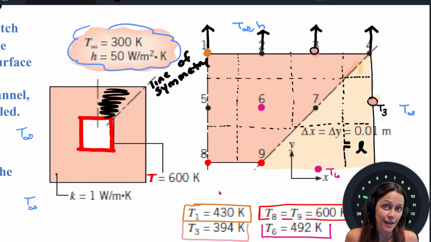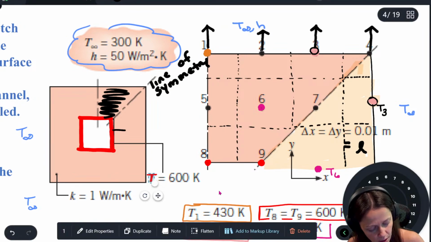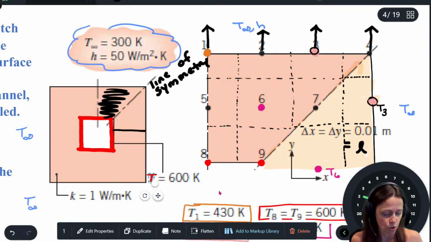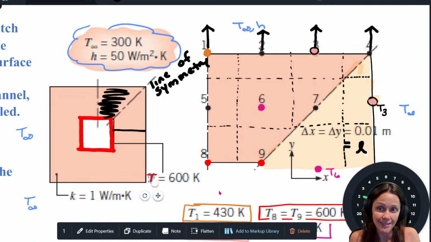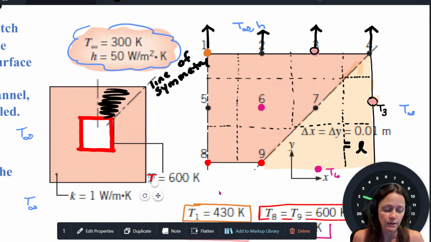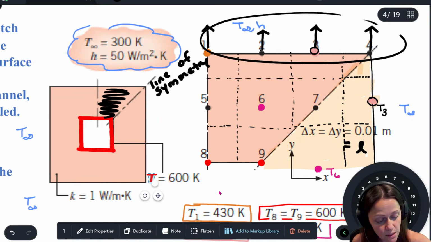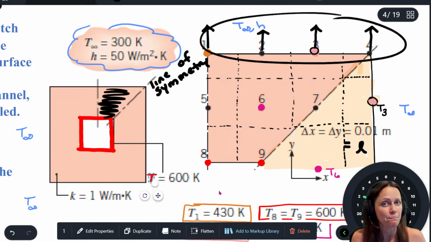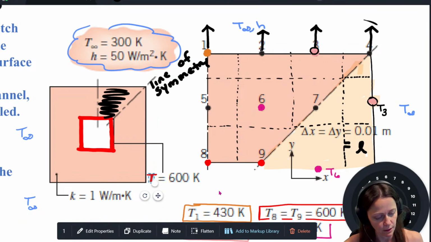And the flip side of that is that if I figure out the heat transfer per unit length for that section, you can see there are 1, 2, 3, 4, 5, 6, 7, 8 other chunks that make up this entire thing. So if I figure out just the heat transfer per unit length for this and then multiply it by 8, I've got Q per unit length.